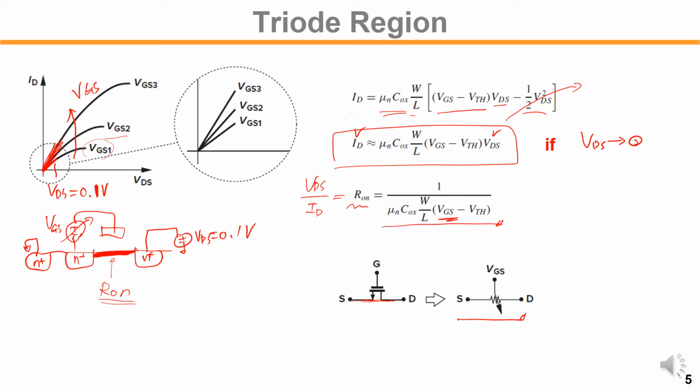So changing VGS, the higher the VGS, the lower the on-resistance. As you can see in this example, with higher VGS the slope of this curve, which is 1 over R-on, increases, meaning you get a lower resistance.